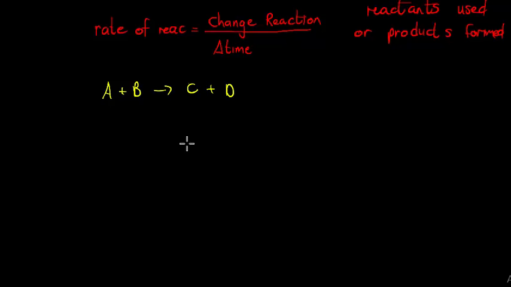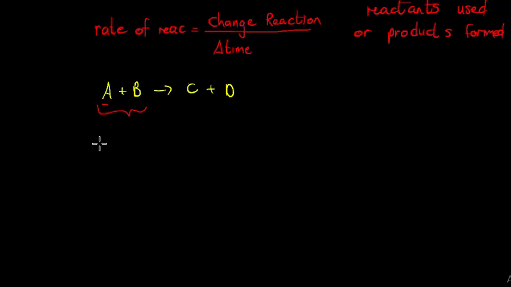Well, the way we would do that is we would look at either one or all of the reactants, and we will measure the change in the quantity of reactants.